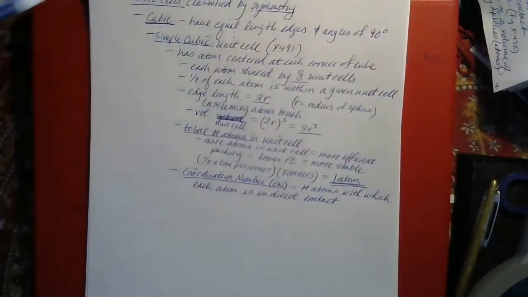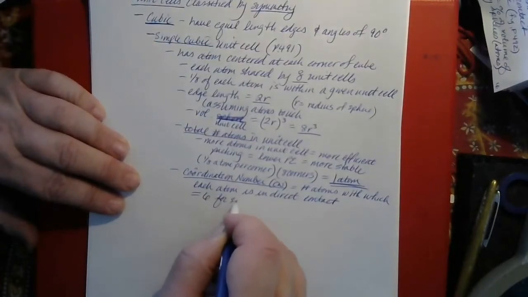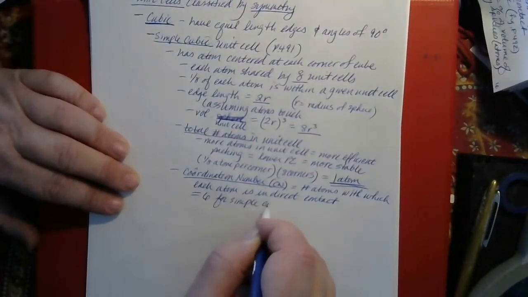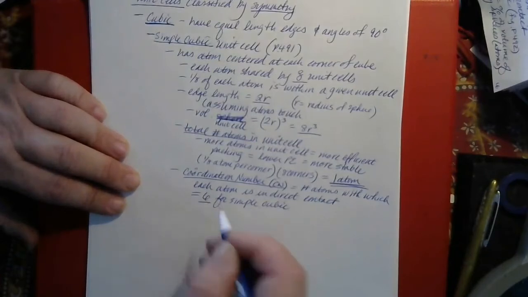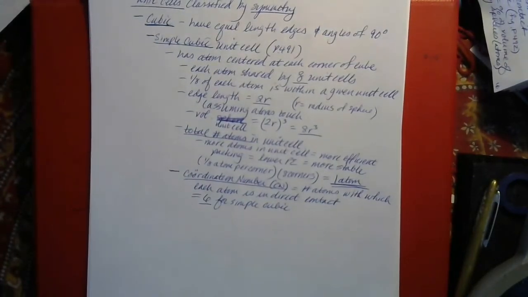Sorry, so it's 6. So the coordination number for a simple cubic unit cell will be 6. And again, it doesn't matter what element is making it up.